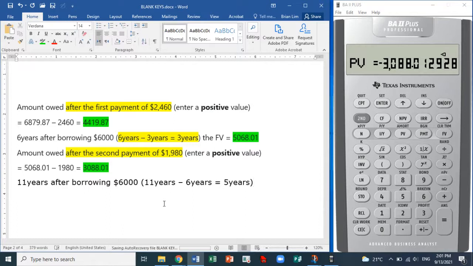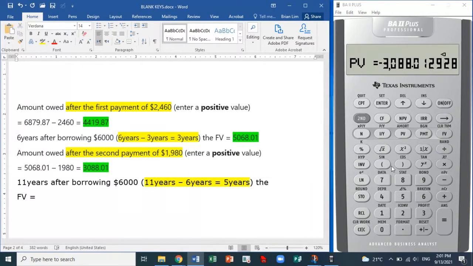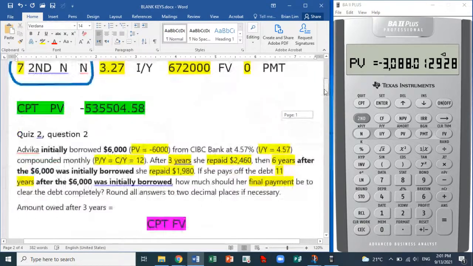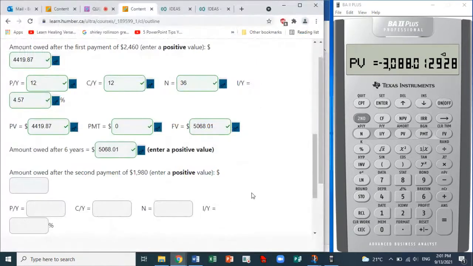You want the future value, correct? Yes, it would be equal to some number. So it's now 11 minus 6 because we've gone 6 years. That determines the value for n. If we go back to the question over here, what is owing?